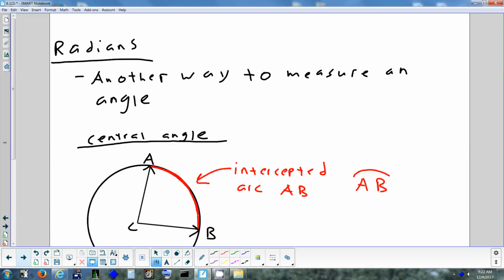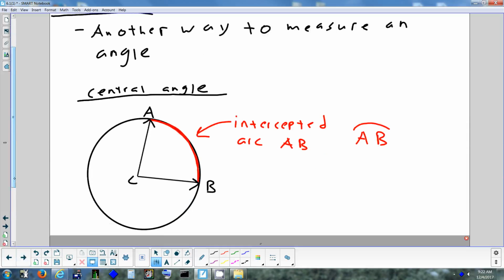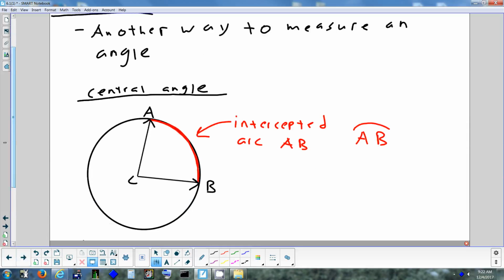And I'm going to use this picture. I have a circle, and inside the circle I put an angle. The vertex of that angle, which is point C, is right at the center of the circle. Both of the rays come out from point C. So we have ray CA, that's the terminal side, ray CB, that's the initial.